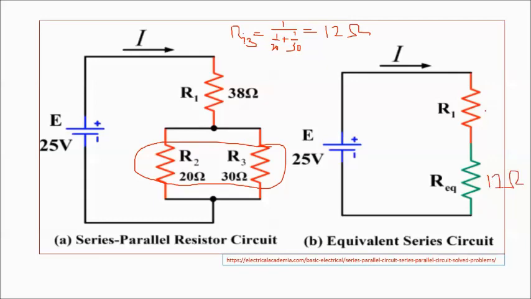And R1 is 38 ohms. Now, to find for the R total in the circuit, simply kasi si R1 naka-series with REQ or R23. Therefore, i-add lang nyo ito. 38 plus 12 is 50 ohms.